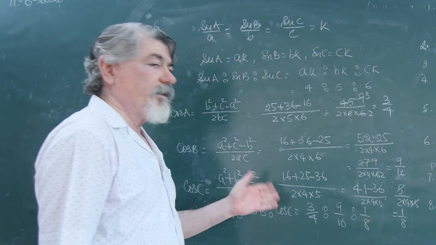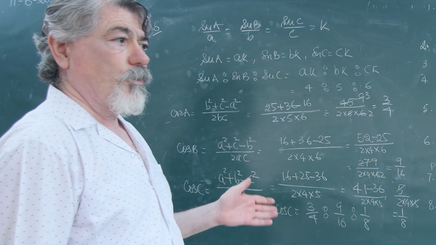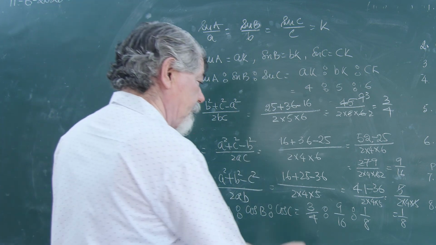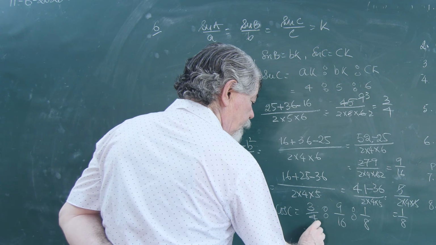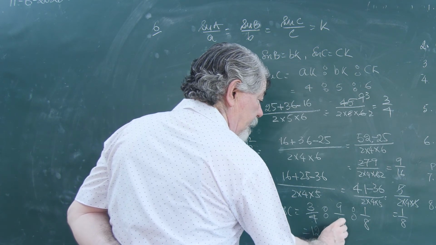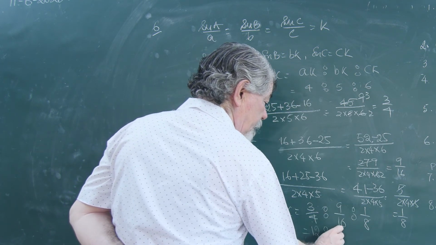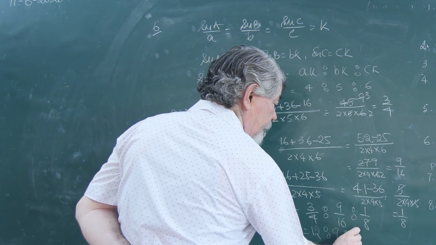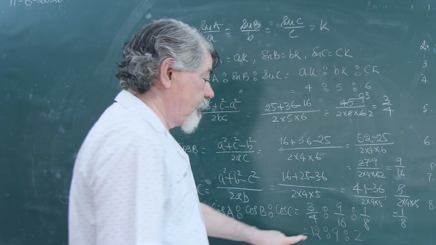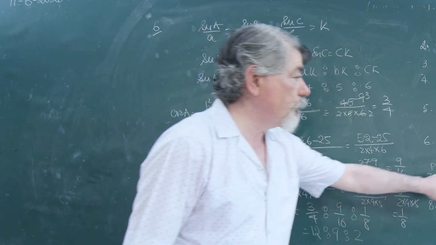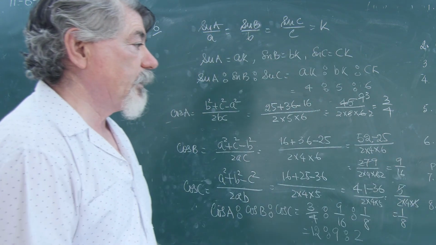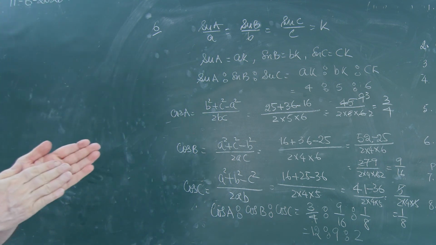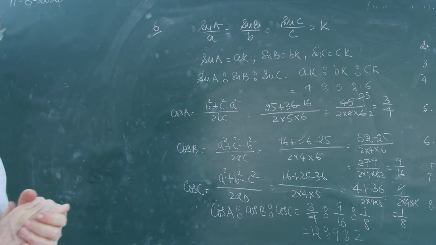What I will do is multiply all three ratios by 16. 4 4s are 16, 3 4s are 12. Then multiplying by 16, it will be 9. Multiplying by 16, it will be 2. The ratio will be 12 is to 9 is to 2. So this is the sixth question.